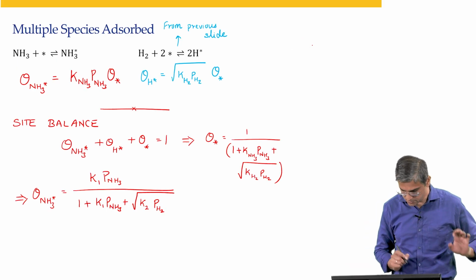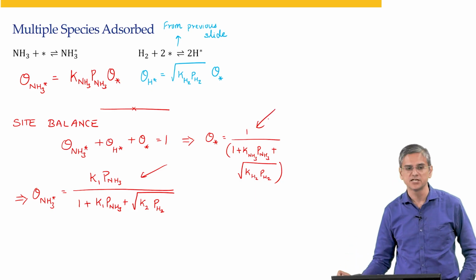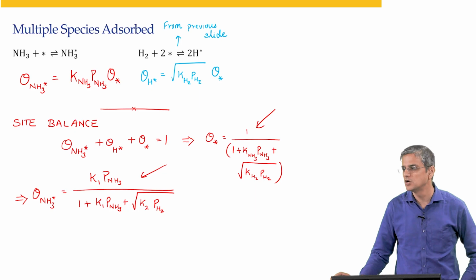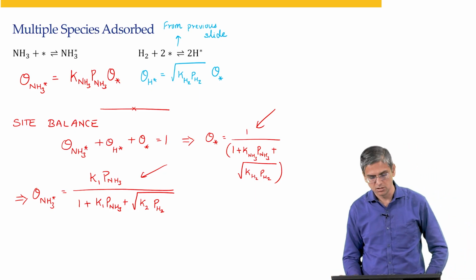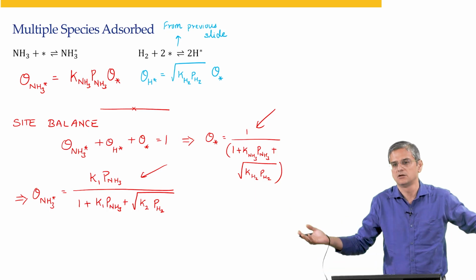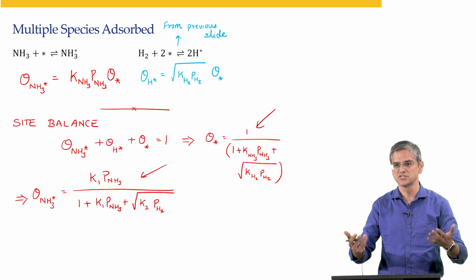Over here I have purposely put K1 over here and KNH3 and KH2 over here. Notations are for our convenience, that is all. Right now, I have put this reaction as first, this reaction as second. Tomorrow I might have ended up switching it. Just because they are switched physically, they do not change.